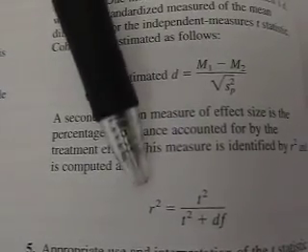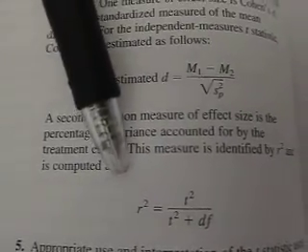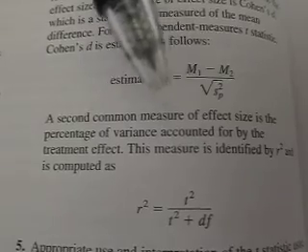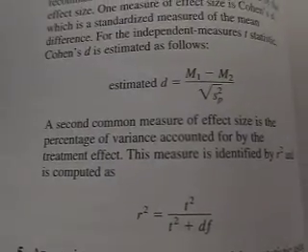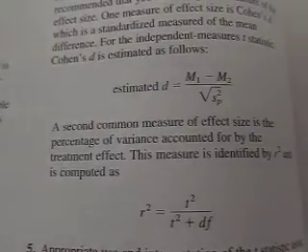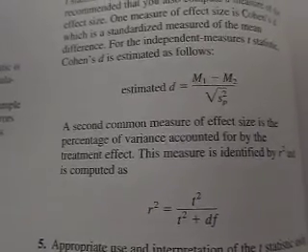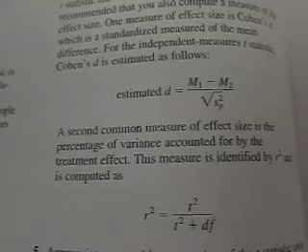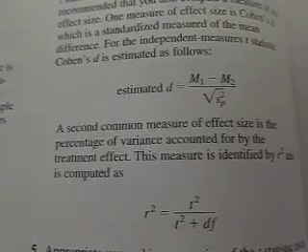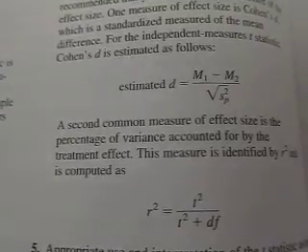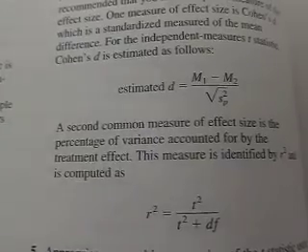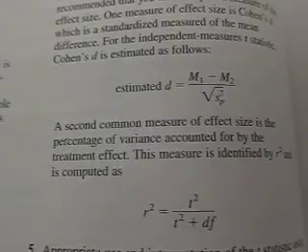And the r squared is how much of the variation is accounted for by the treatment that we were looking at, or whatever the difference was between the two populations. So these are mathematical components of the practical significance, but we're also going to pull in common logic, common sense.